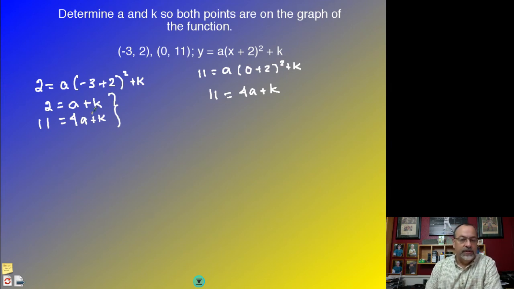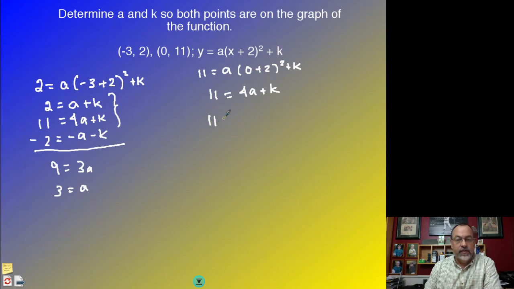So again, I'm going to use elimination because these are almost opposites, so multiplying everything by a negative sign changes the sign of everything, and then I can add these together. So 9 is equal to 3a, so my a value is 3, and then I can substitute these into any of the expressions to figure out what k is.